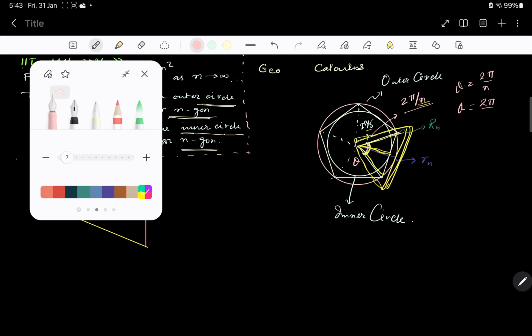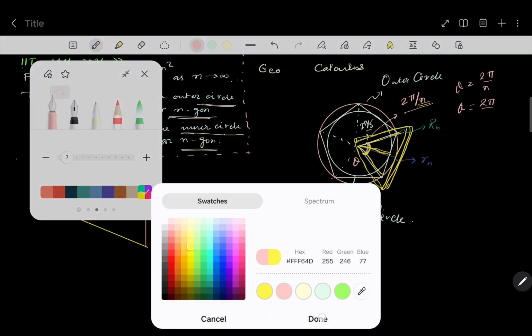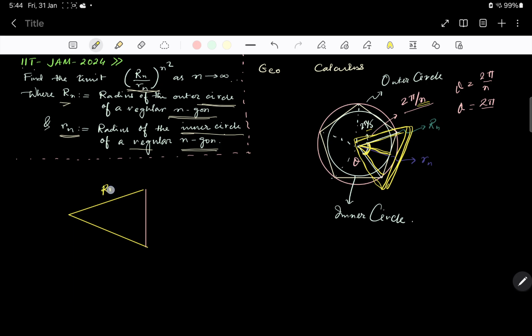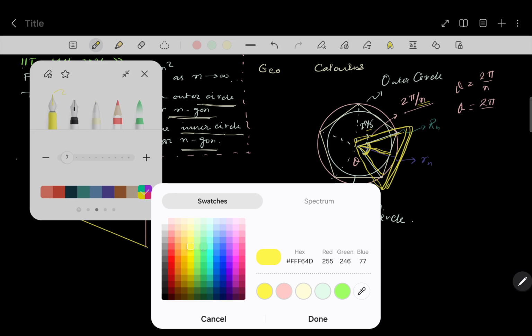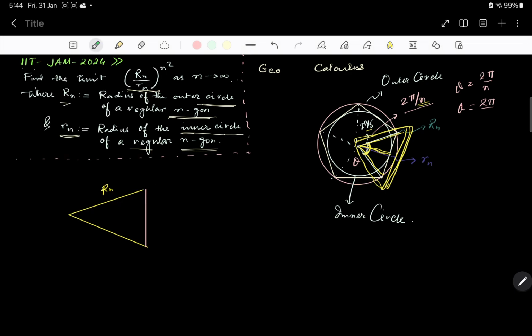These were our Rn, and the green line is our rn. Okay, great. Now observe that we assumed this entire angle as theta previously.